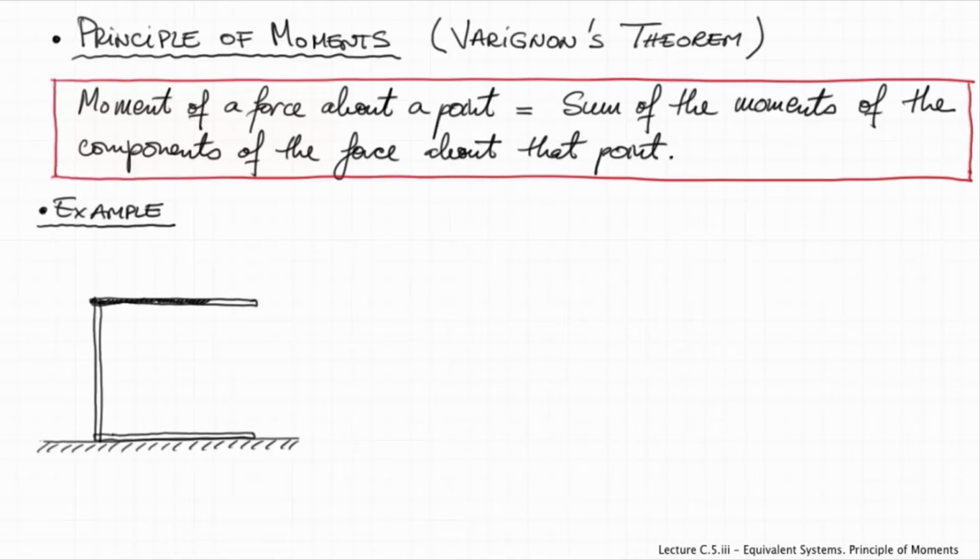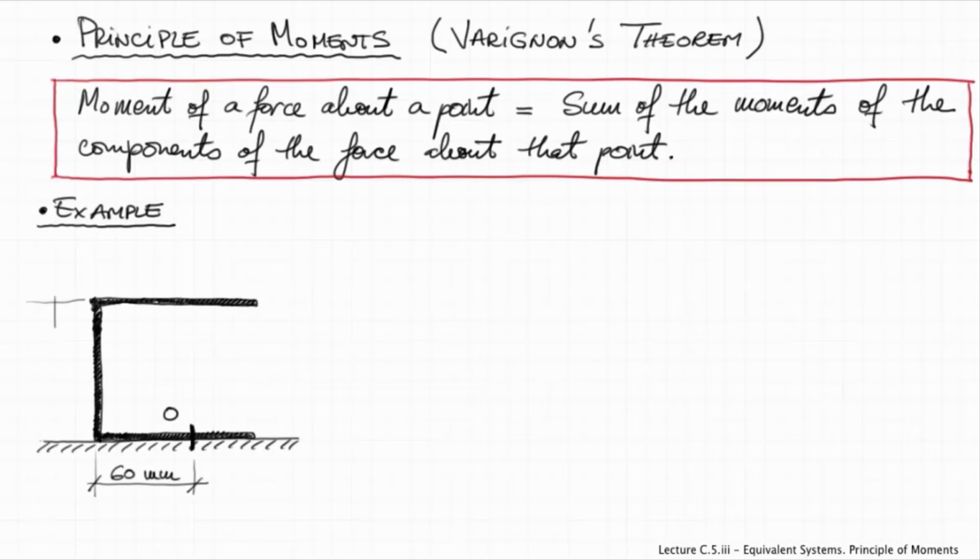The bracket is attached to the ground at point O, and point O is located 60 millimeters away from the left edge of the bracket.